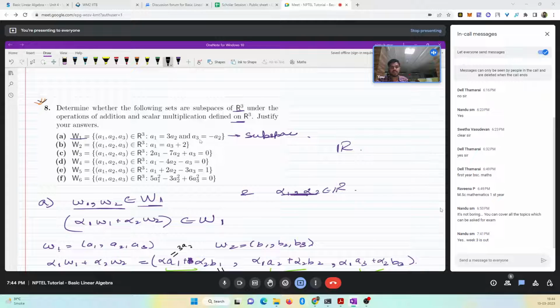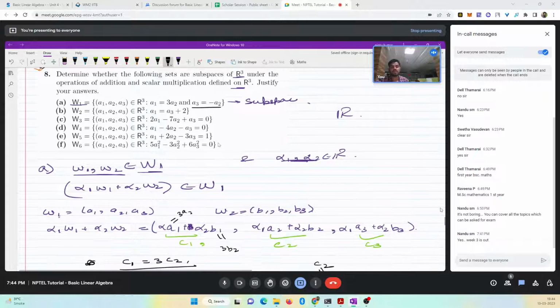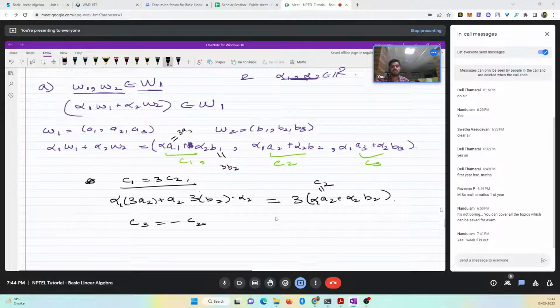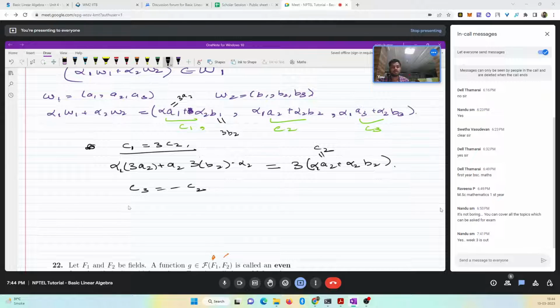Similarly, we can verify this last claim also, that A3 is equal to minus A2, or in our notation, C3 equals minus C2. Again, as W1 and W2 are already elements of this set, A3 is equal to minus A2 and B3 is equal to minus B2. Now we replace these values.